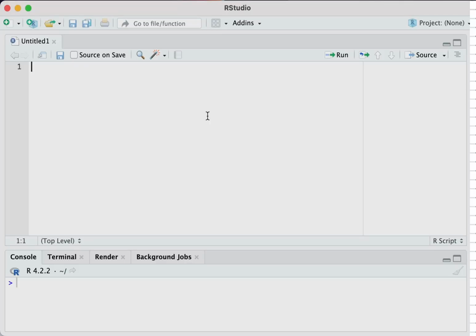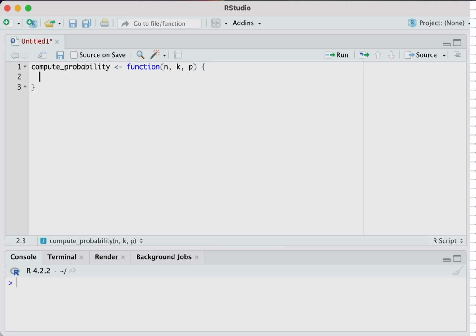Now here we are in RStudio, and I want to write a function which is going to compute the probability. Let's call it compute probability. Let's have it take n, which is the number of coins, k, the number of heads, and p, the probability of getting a head.